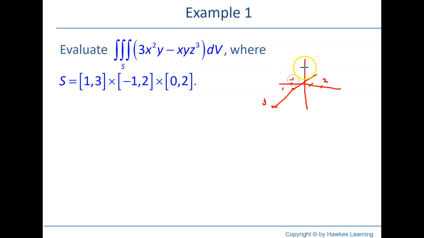Alright, and then up to 2 in the z direction. So if we kind of made that box along the bottom, I'm doing this with a mouse, so forgive me if it's not perfect. And then up to 2 in the z direction. So it's just this rectangular box.